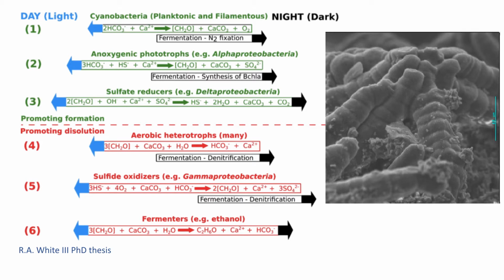And then there are metabolisms such as fermentation and denitrification that will promote dissolution of carbonate minerals. And so microbialites live in this equilibrium between precipitating minerals and dissolution of minerals, and this is how the structures are formed.